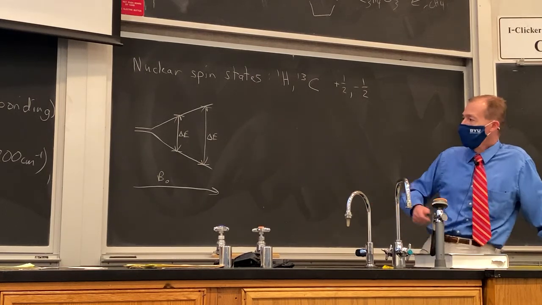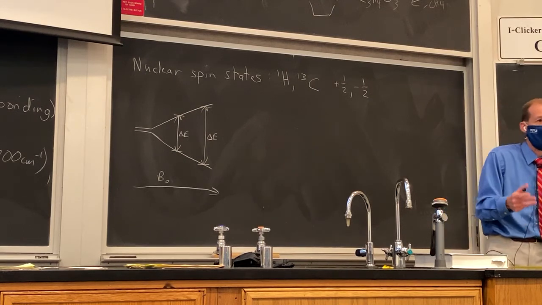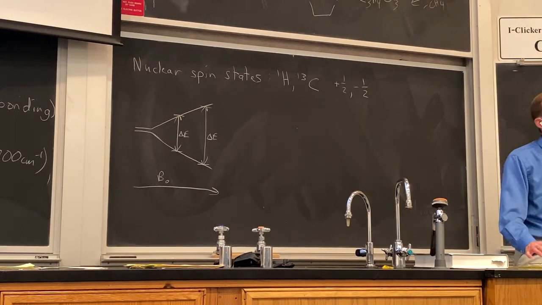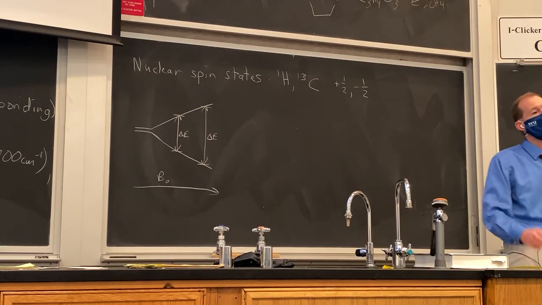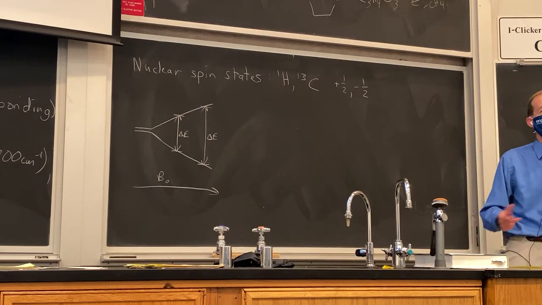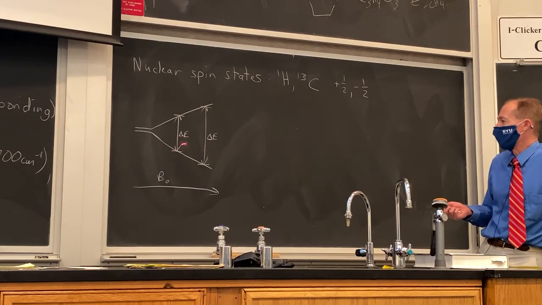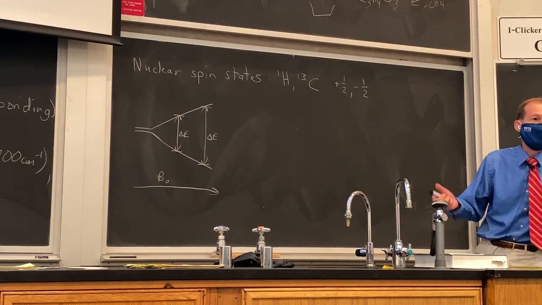Okay? These differences in energy, even though they look pretty big here, are actually pretty small. So at equilibrium, you have pretty close to a 50-50 population. It's maybe 52-48 or 53-47, with, of course, more of the nuclei in the lower energy state than the higher energy state.